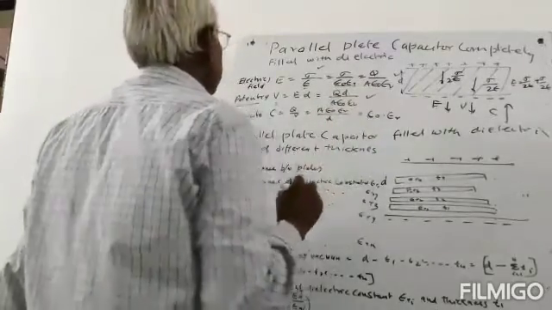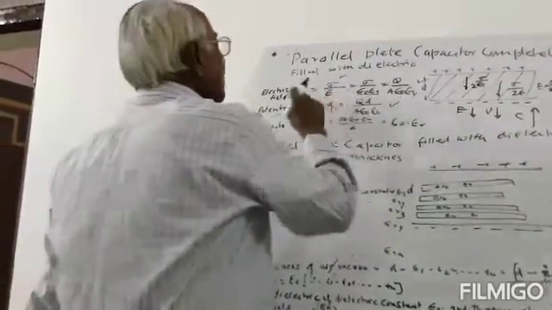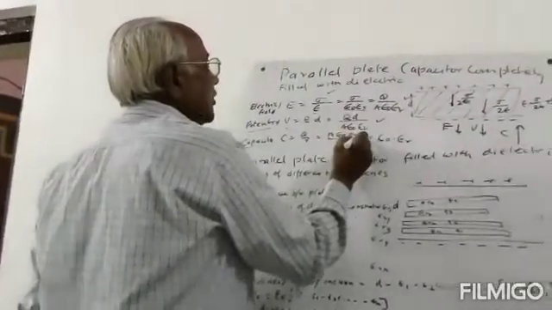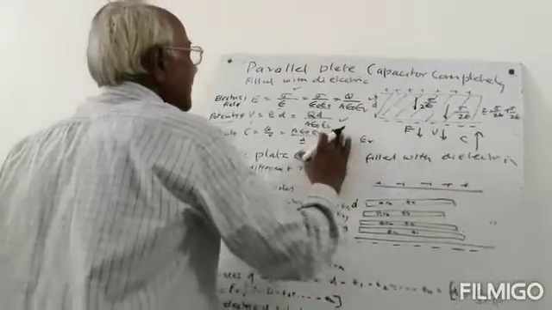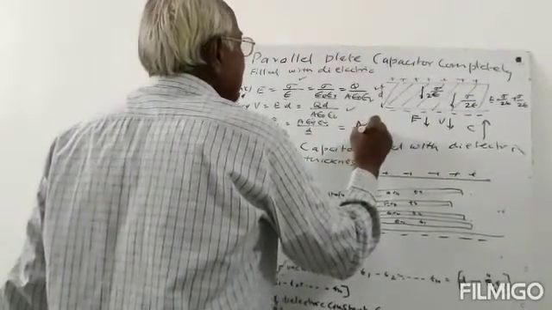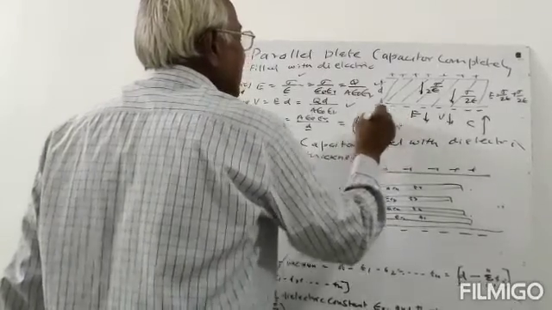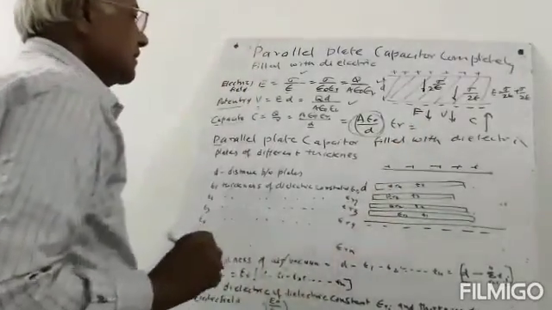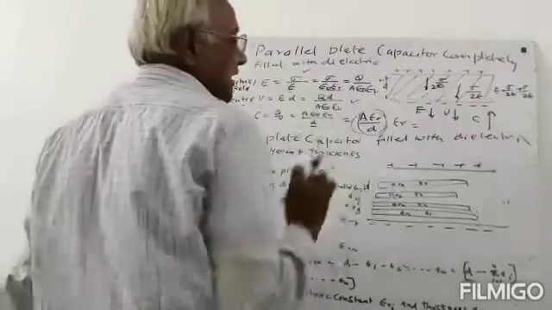So now what will be the capacitance? Capacitance is equal to Q by V. We divide by V, so A ε0 εr by d. So this will be equal to A ε0 by d multiplied by εr. Now this is the capacitance of this condenser.